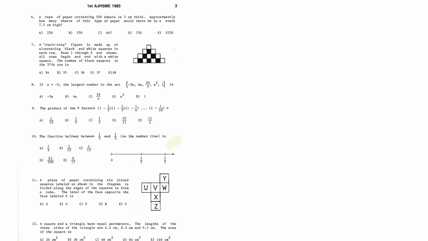Number 6. A ream of paper containing 500 sheets is 5 centimeters thick. Approximately how many sheets of this type of paper would there be in a stack 7.5 centimeters high? This is a ratio problem. So the number of paper, 500, to the total thickness of the paper, 5 centimeters.